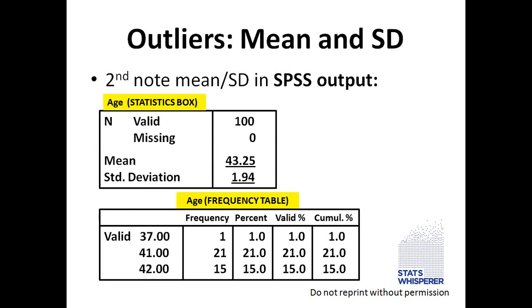So we have the age, the mean's 43.25, the standard deviation is 1.94. Now whenever you do that statistic, you get the frequency table below that tells you how many people are in the actual ages. This is only part of it, but so 37 years old, 1 person. 41 years old, 21 people. 42 years old, 15 people.